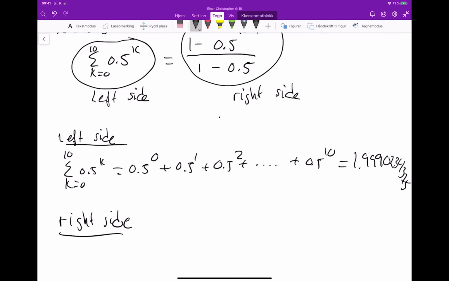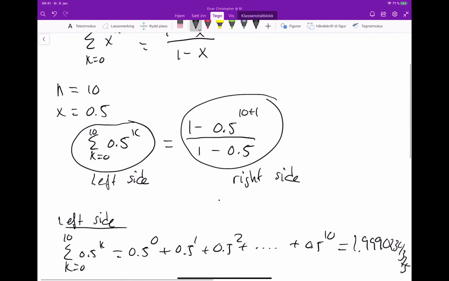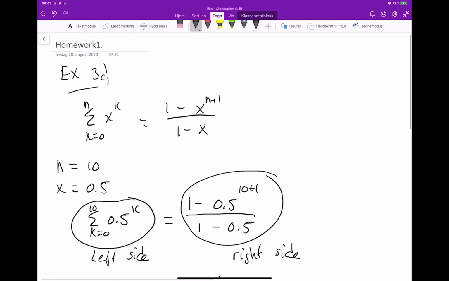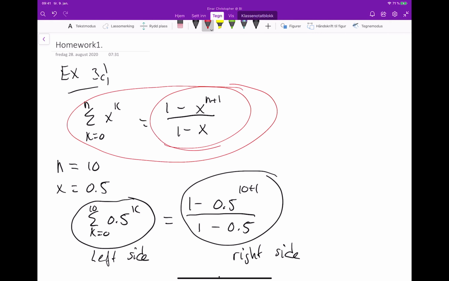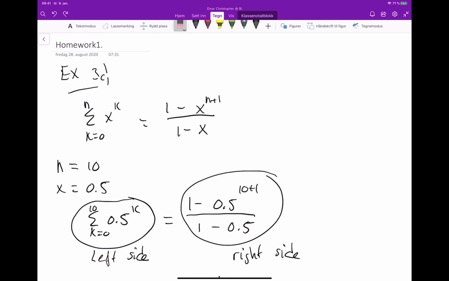The point here is that we use this formula, and we can see that x in our exercise is 0.5 and n is 10.